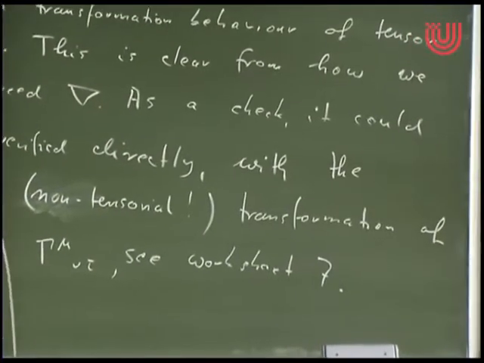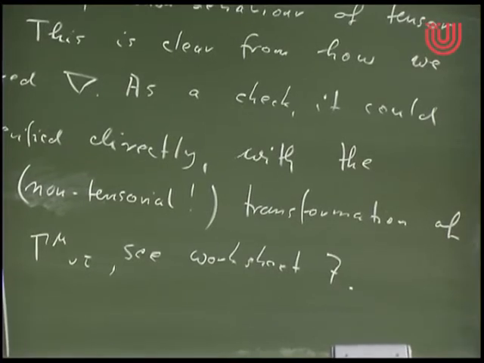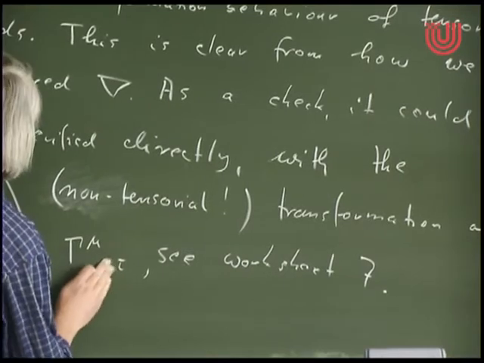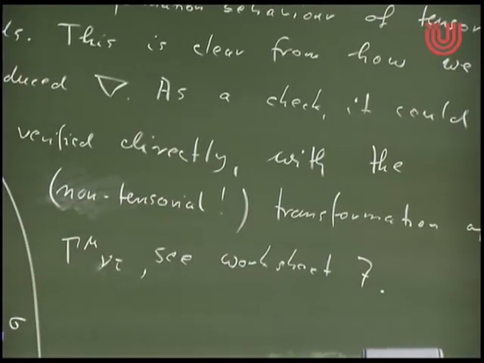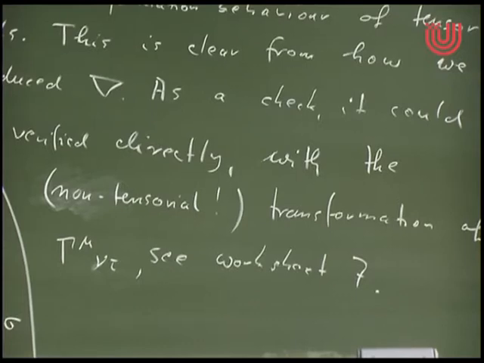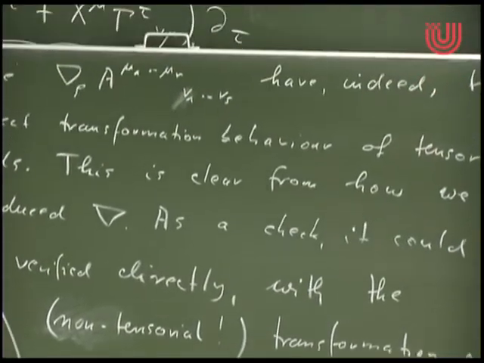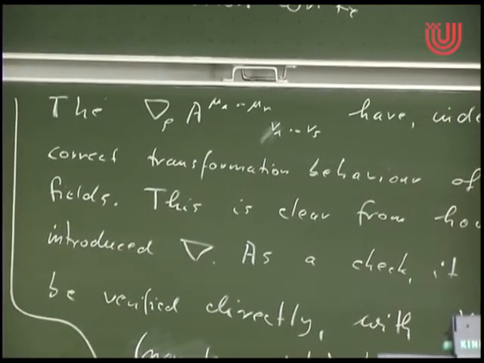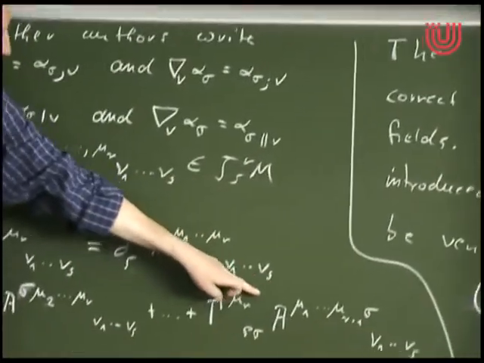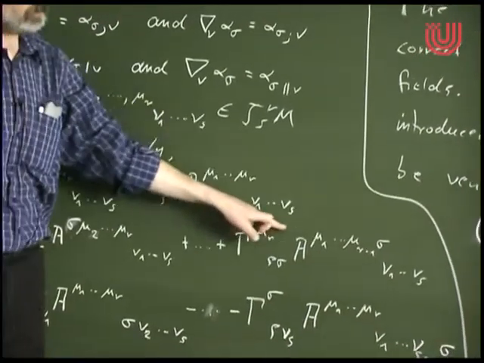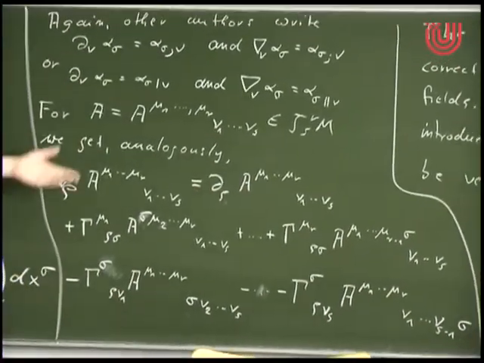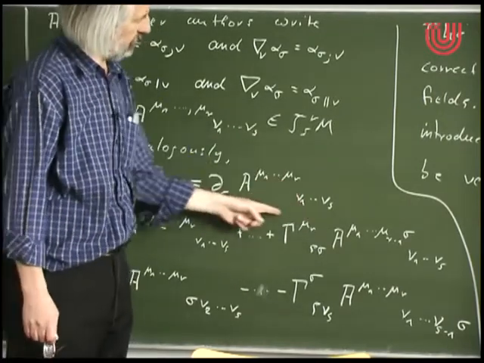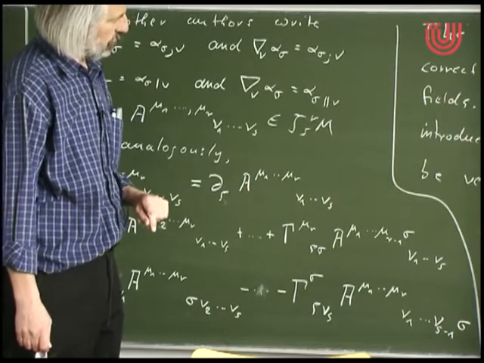So you could do this just as a consistency check, see how these things transform. There's supposed to be a nu here, hardly readable. And then calculate the transformation of these terms here, and you find that they do transform like tensor components. So again, I emphasize that the partial derivatives do not transform like tensor components. But that's fairly obvious, because for this thing, which is under the derivative, every index transforms with the Jacobi matrix.